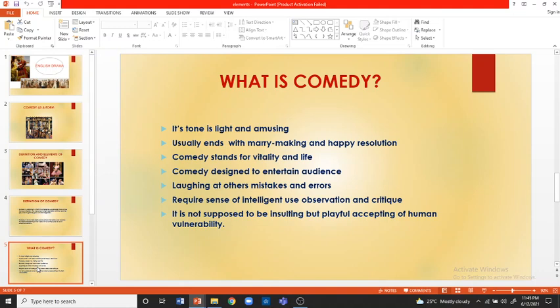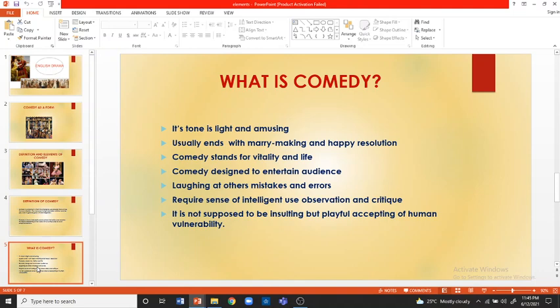Vulnerabilities means qualities of humans. Laughing at others' mistakes or errors is not an insult, but it is accepted as human vulnerabilities. Here it requires a sense of intelligence for the use of observation and critique in writings.